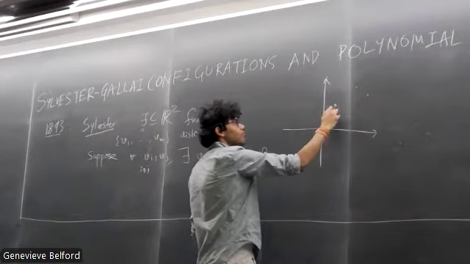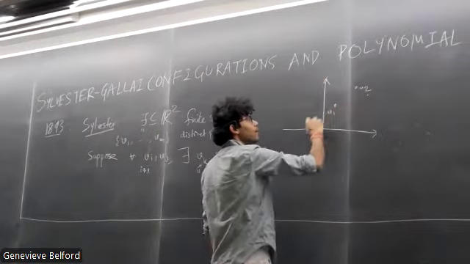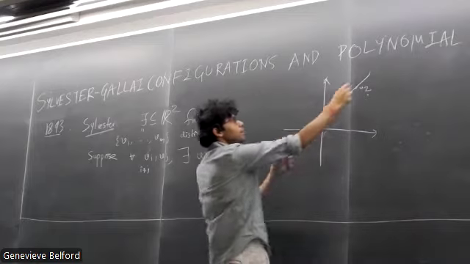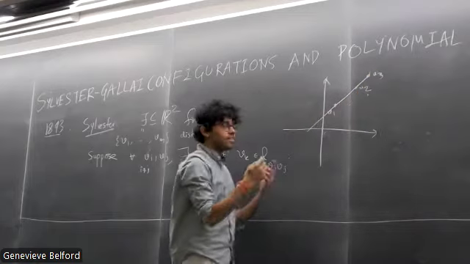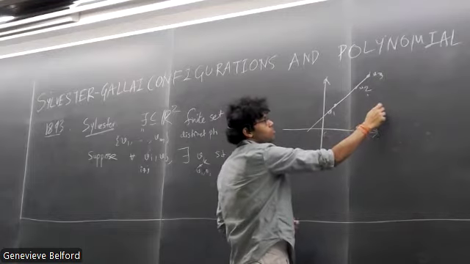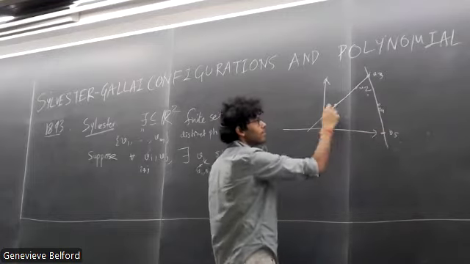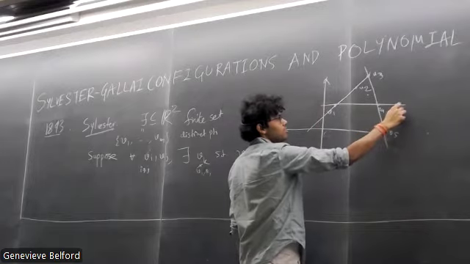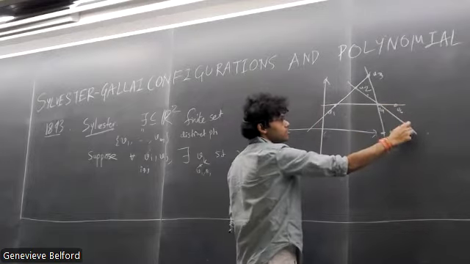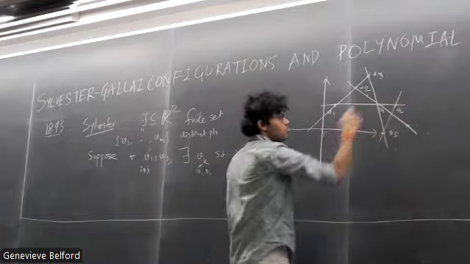Whenever I take a point V1 and V2, I join the line. There should be a third point V3 from my set on this. And maybe there is one more point V4. If I join these two, there should be a point V5. If I join these two, there should be V6. And for each such line, there should be points.